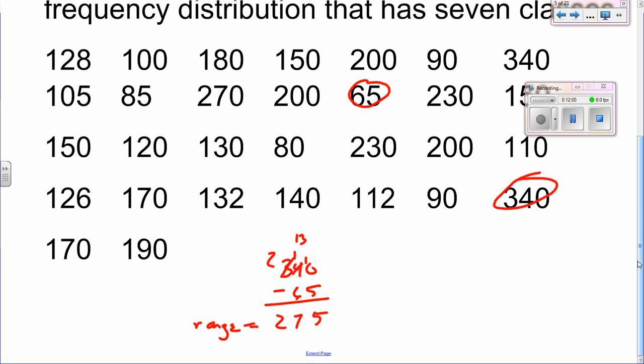So if you do 275 divided by 7, it gives you 39.2, which we're going to go ahead and round up to 40. That's the next convenient number.